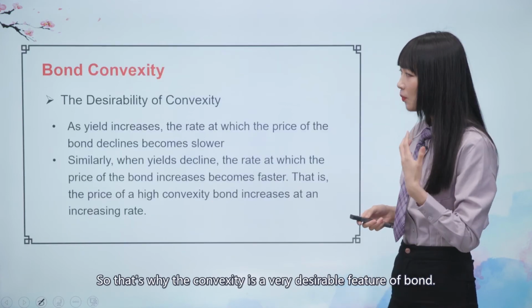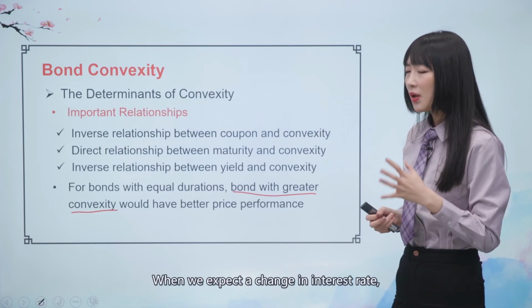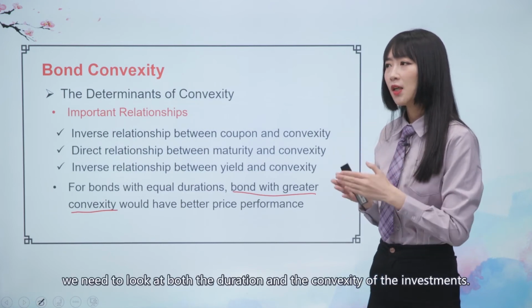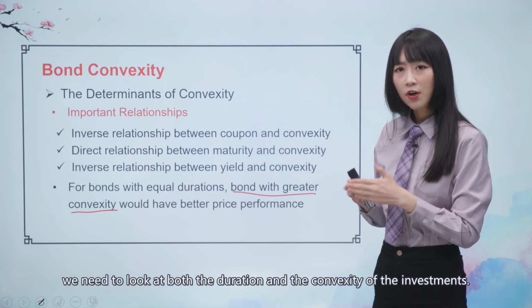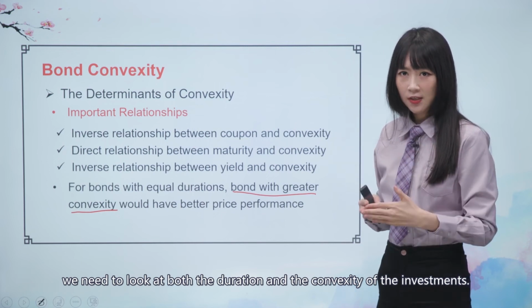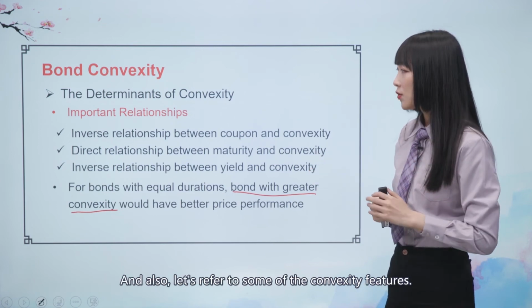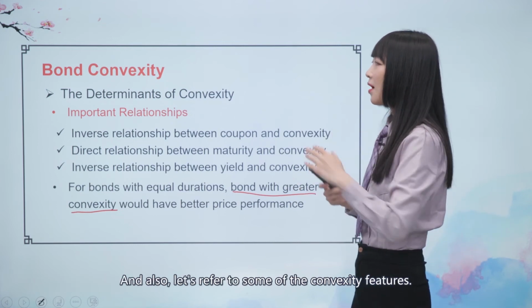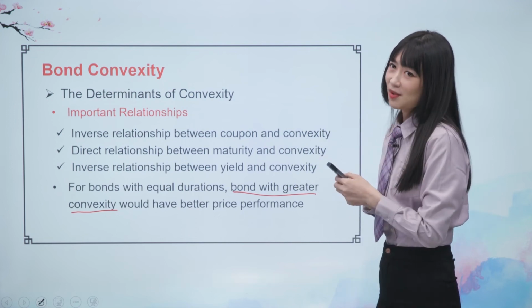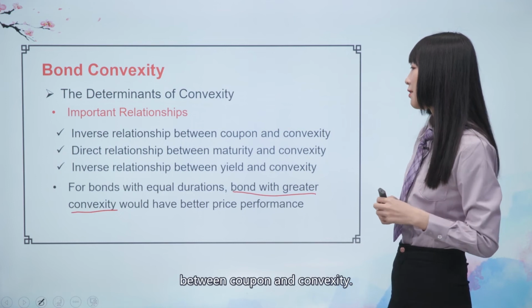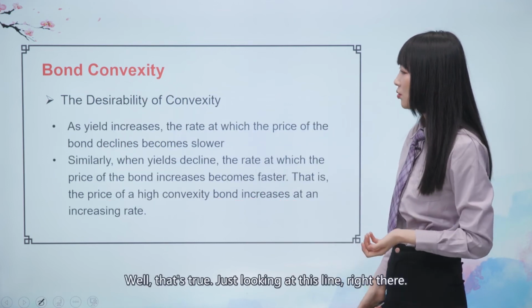And when we expect a change in interest rate, we need to look at both the duration and the convexity of the investments. And also, let's refer to some of the convexity features. Well, the first one is there is an inverse relationship between coupon and convexity. Well, that's true.